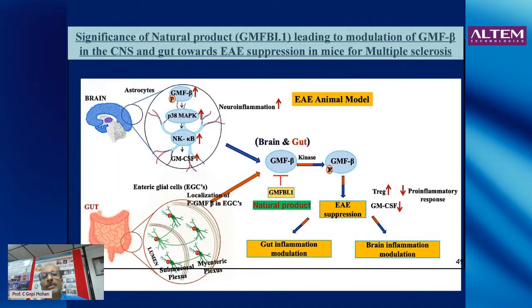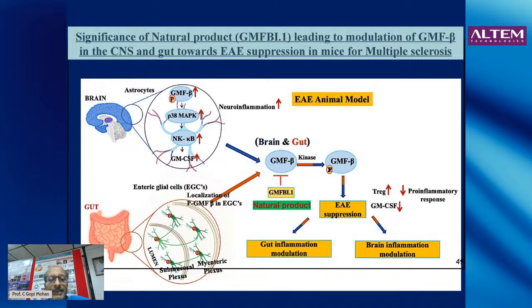I'm not going into the molecular mechanism, but this small molecule is derived, for which we have a US patent and which is published in Scientific Reports. It will target this GMF beta, and further cause EAE suppression. The pro-inflammatory response, T-regulatory cells, GM-CSF and brain inflammation get modulated, as does gut inflammation.